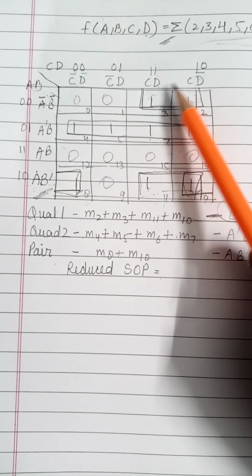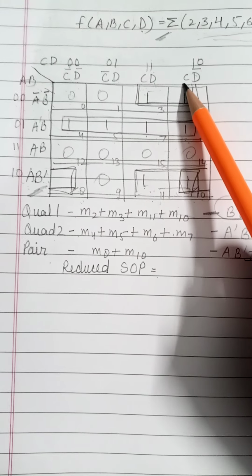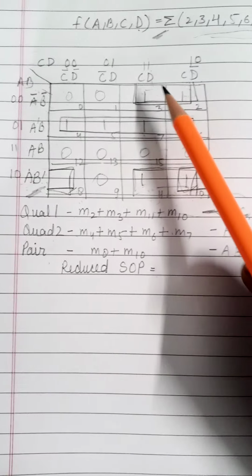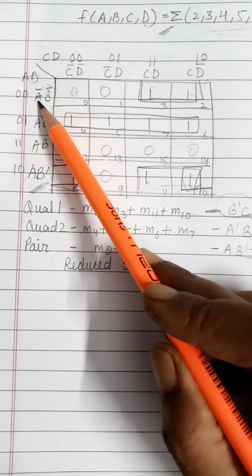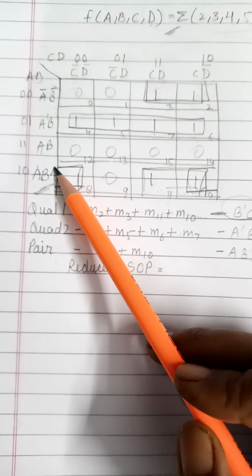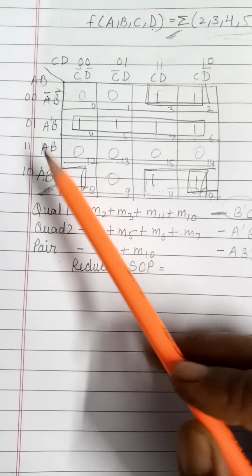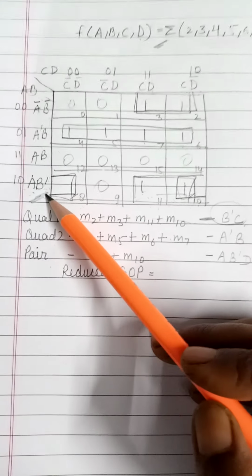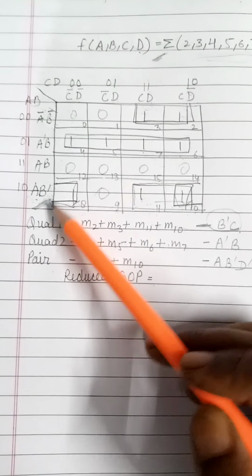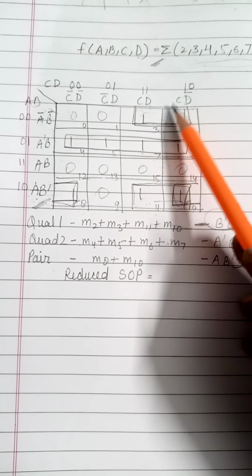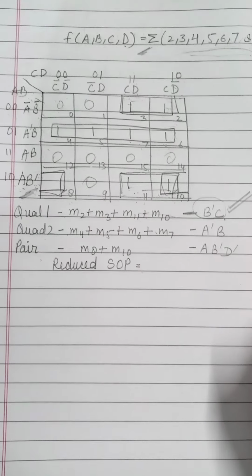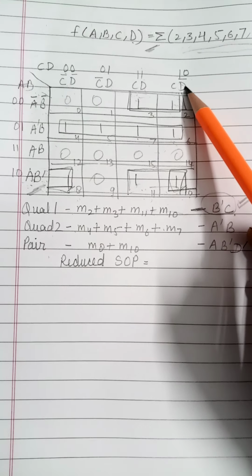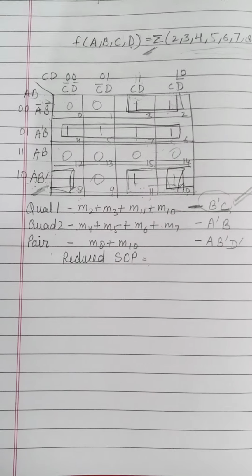Which variables are changing their state? C D, C D bar. D is changing its state in the column, so remove D. Only C will be there. Then here A bar B bar, A B bar, which one is changing state? A bar, A. So A is changing, so B bar will be remaining. So B bar, and which one is not changing state? C. So B bar C. Remove A and D as they are changing their state from barred to not barred.